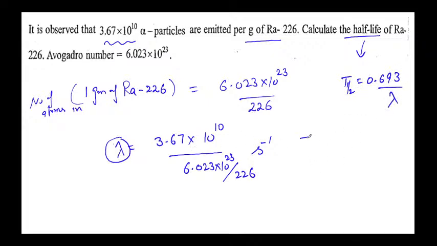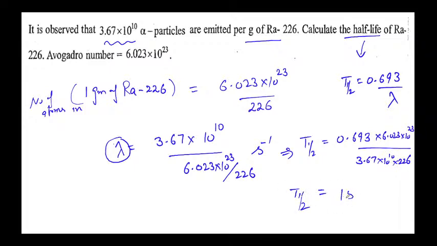So T half is 0.693 into 6.023 into 10 to the power 23 over 3.67 into 10 to the power 10 into 226, and this comes out to be 1595 years. Students, if you are not following or have any doubt, you can ask in the comment section.